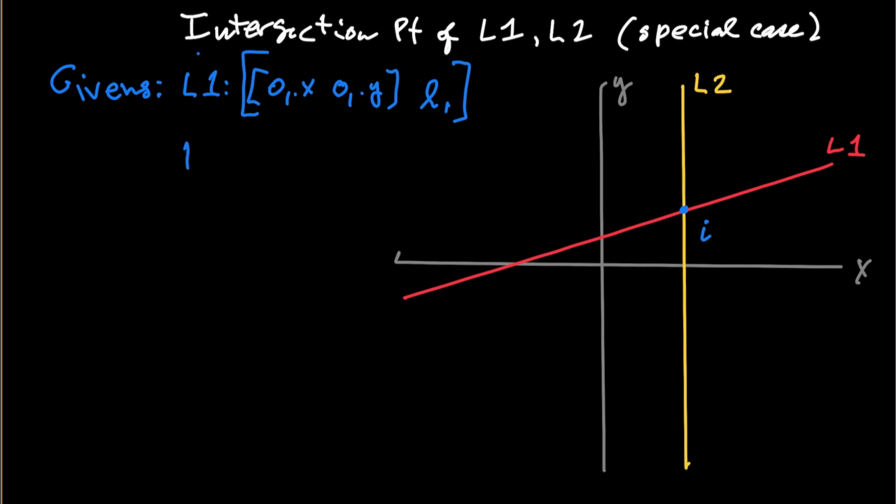All right, do the same thing for L2. Now this direction vector, the orientation of L2, since we know the line's vertical, we can say this will be something like this.